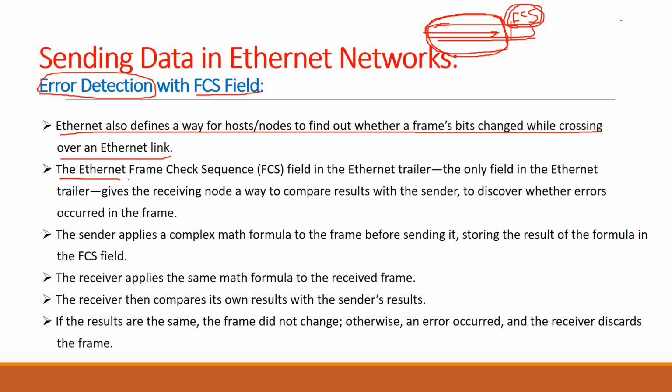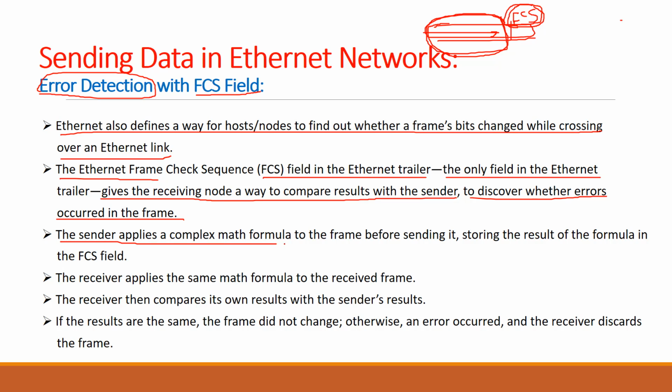So the Ethernet frame check sequence field in the Ethernet trailer, the only field in the Ethernet trailer, gives the receiving node a way to compare results with the sender to discover whether errors occurred in the frame. As we mentioned, the sender applies a complex mathematical formula to the frame before sending it, storing the result of the formula in the FCS field.